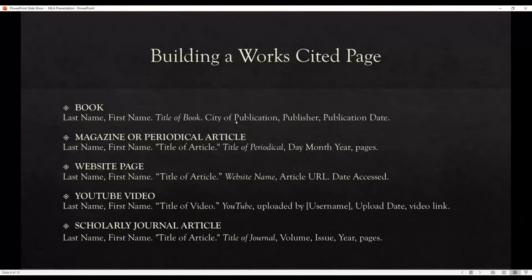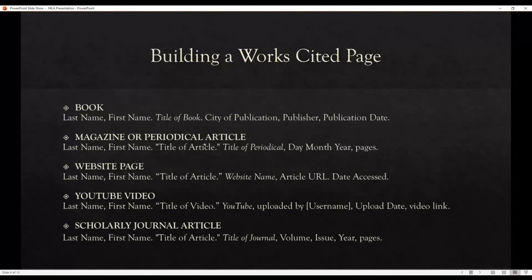For a magazine article, again, it's the last name and the first name of the author, but you want the title of the article in quotation marks, not italicized. Make sure the period is inside the quotation marks, not outside. Then, in italics, you'll have the title of the periodical, followed by the day, the month, and the year the magazine was published. Lastly, the page numbers of the source.